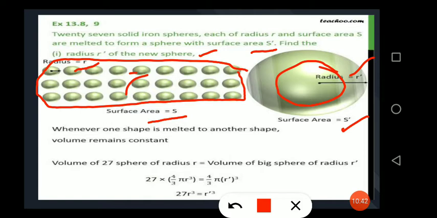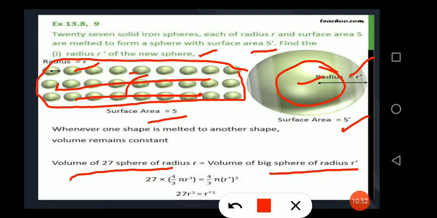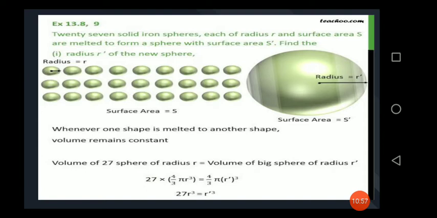So we know very well volume of all these 27 spheres is equal to volume of big sphere. So what is the formula for volume of sphere? Yes, 4 by 3 pi r cube. So here it is 27.